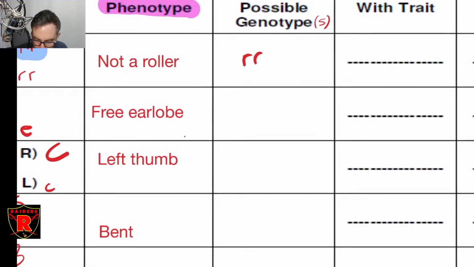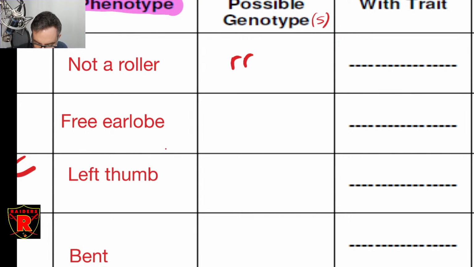Free earlobes are dominant, and so my genotype is capital E, the dominant allele, and then the other allele we don't know. I could be heterozygous, which means that they're not the same allele, I could have a small e, or I could have two capital E's, two dominant alleles. There's no way to know. I'm showing the dominant trait, so there's no way to know by just looking at me.